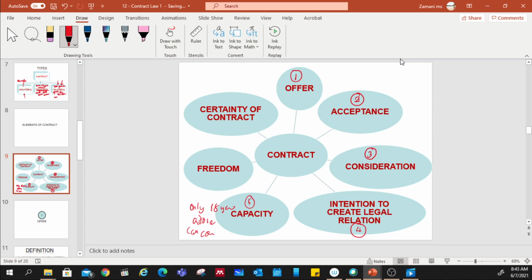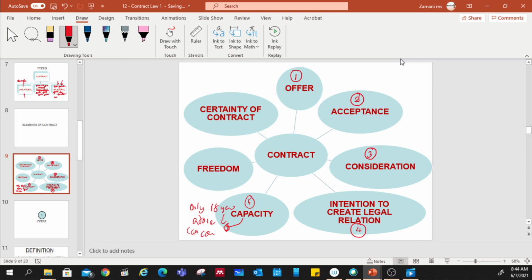If you are lower than 18 years old, you are not bound by the contract, and it is not going to be a legal one. Capacity also covers, for example, being healthy enough and having the means. These are the rules and regulations about capacity.